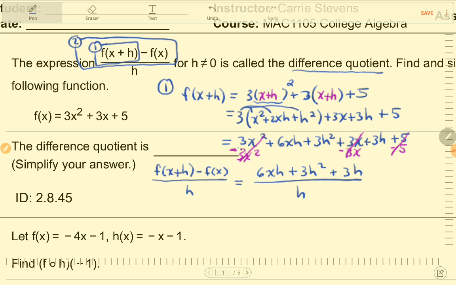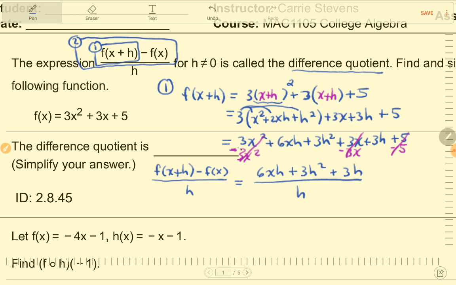And finally, I will cancel out anything that I can, and I can cancel out an h from each term. And the only reason I can do this, remember, terms are separated by pluses and minuses. So when you have multiple terms in your numerator and a single term in your denominator that you want to try to cancel with anything up in the top, you have to be able to divide that single element into all of the terms in the top.